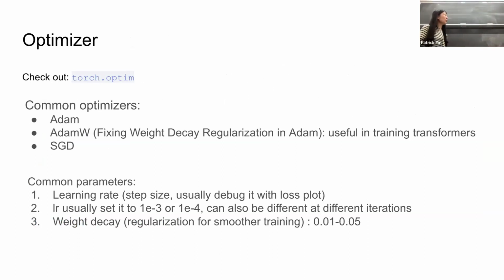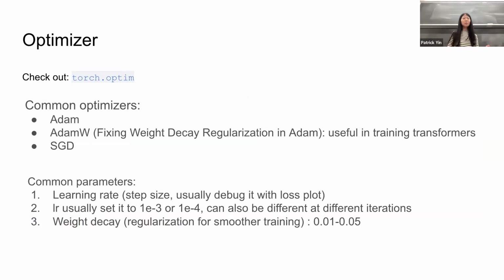There are mostly three common optimizers that I always use. First is Adam, second is AdamW, which is super useful when you're training a transformer-based network. I found this optimizer helps a lot when you want more stable training. And stochastic gradient descent, SGD.